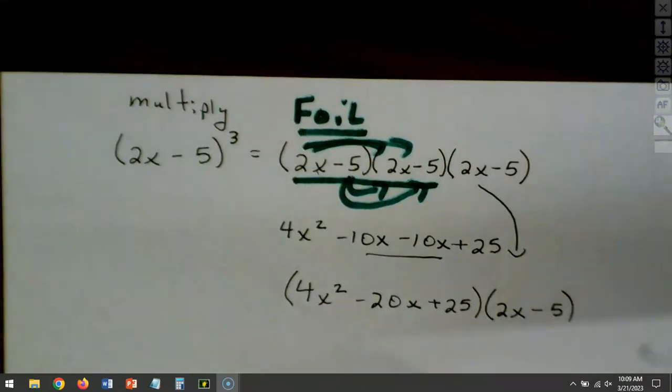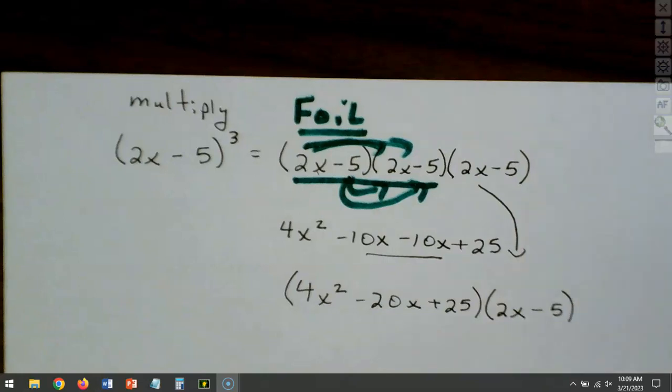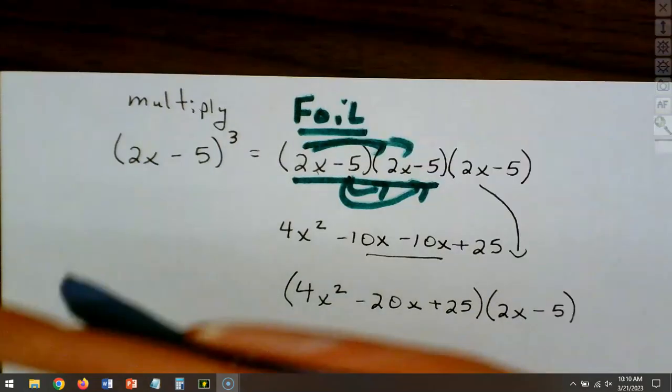Sorry about that. Now what are we going to do? We just did one of these earlier. What are we going to do? We need to finish it, right? We need to get rid of our parentheses. We cannot FOIL because it is too large to FOIL.